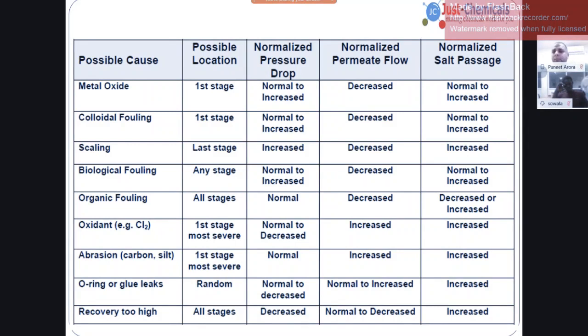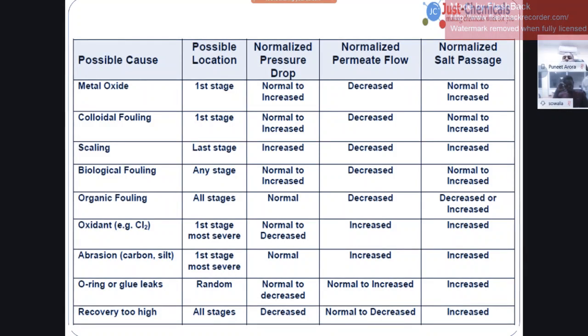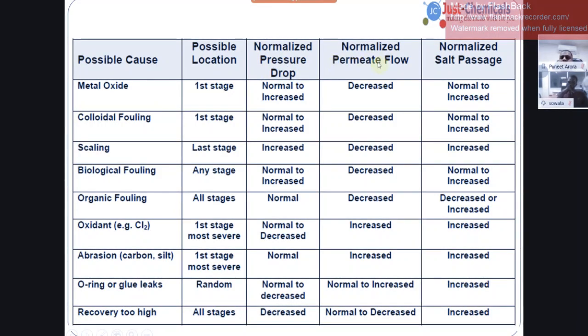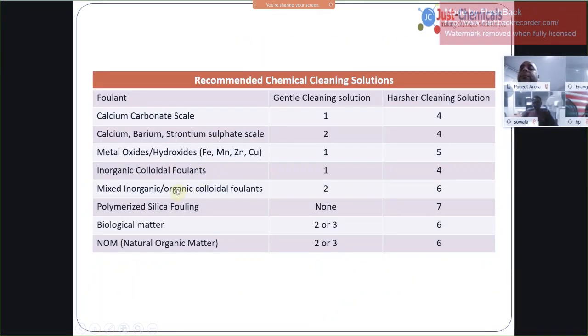I put all these things in the Excel sheet for you to understand. So you can take the Excel sheet and use it for your purposes also. And if you are not able to maintain the Excel sheet, kindly ask me to help you with our software. So if it is metal oxide fouling, we are measuring normalized pressure drop, NPD, normalized permeate flow, NPF, normalized salt passage.